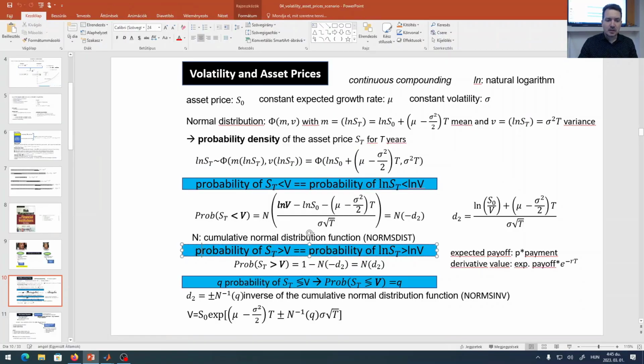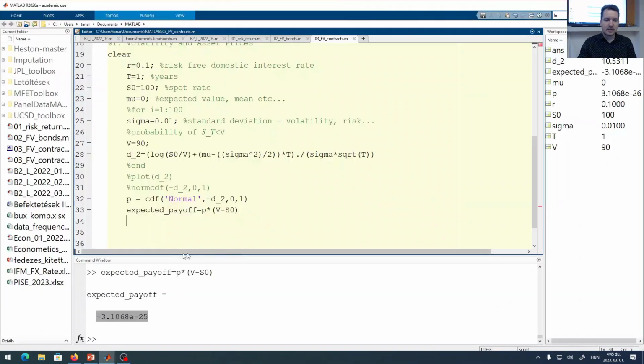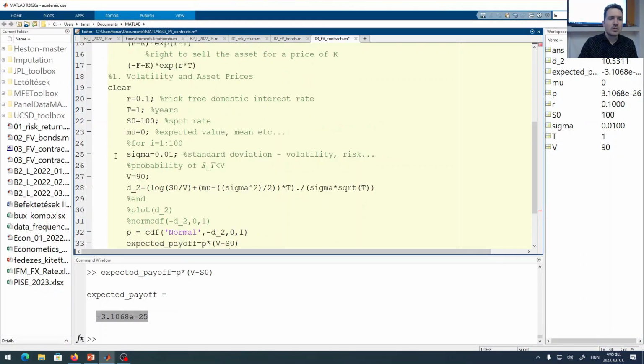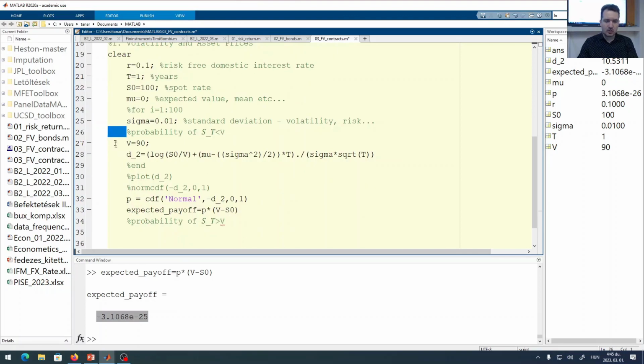Okay, and what is happening if the probability is bigger? Let's put this one here, and in this case it will be much more visible.